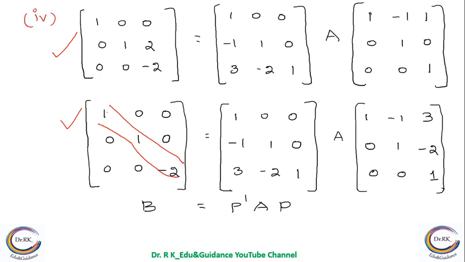Again I repeat, after completing row followed by column, only then we have to check. If by any chance, while doing the operation, we got a diagonal form here by mistake, we should not consider it. After completing row and column, then we check. So this is the diagonal matrix.